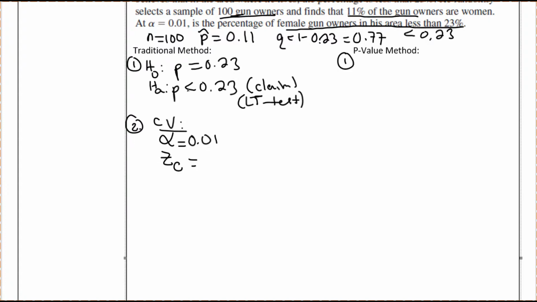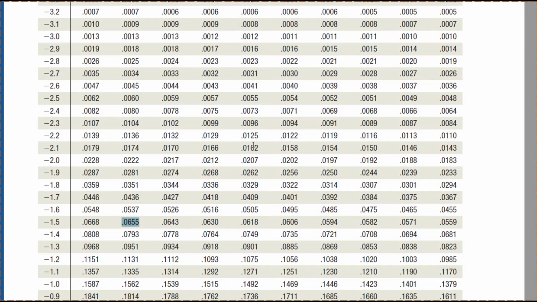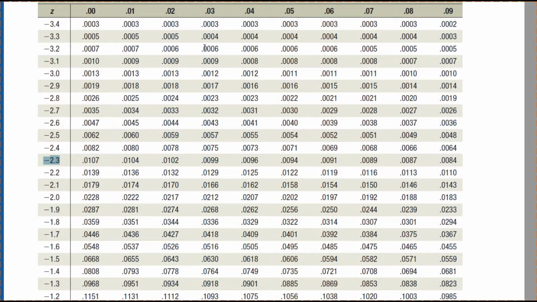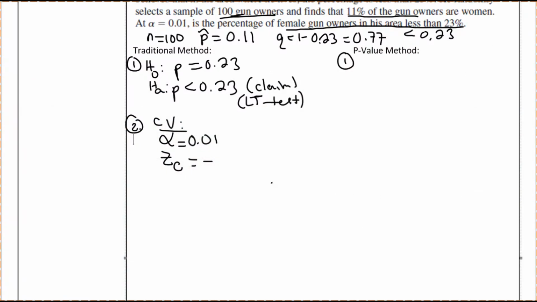Since it is a left-tailed test, we're going to have a negative number for our critical value, and there are no positives. Looking up 0.01, this is about negative 2.33, our Z critical.